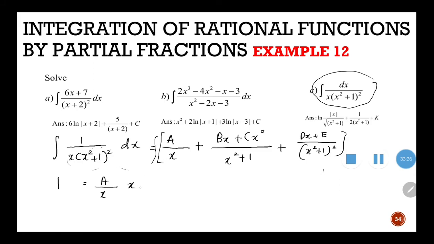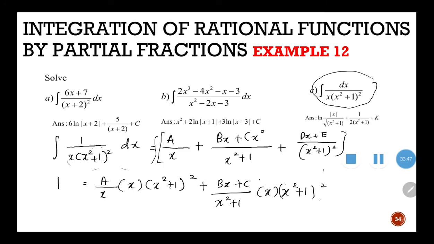So x squared plus 1 squared, plus Bx plus C over x squared plus 1, times x squared plus 1 squared, times Dx plus E times x.